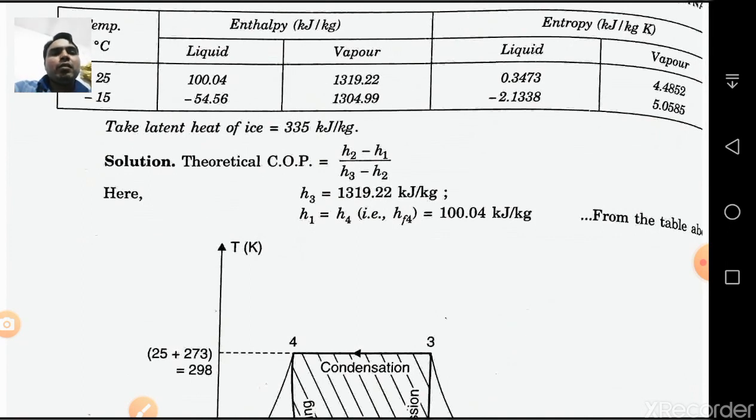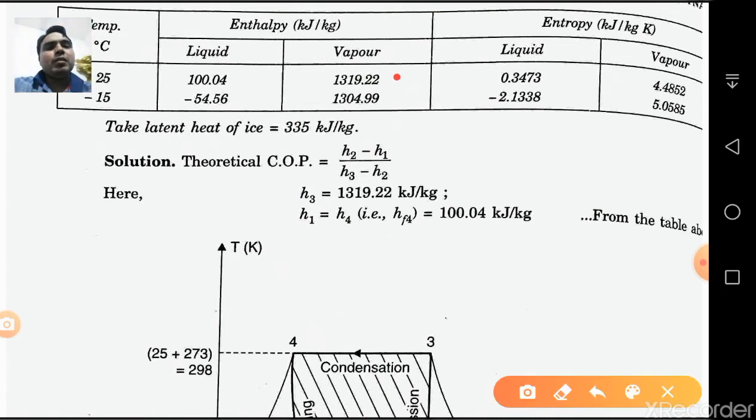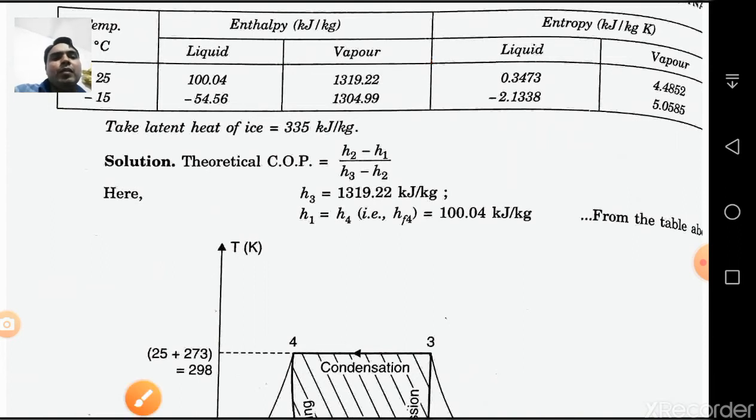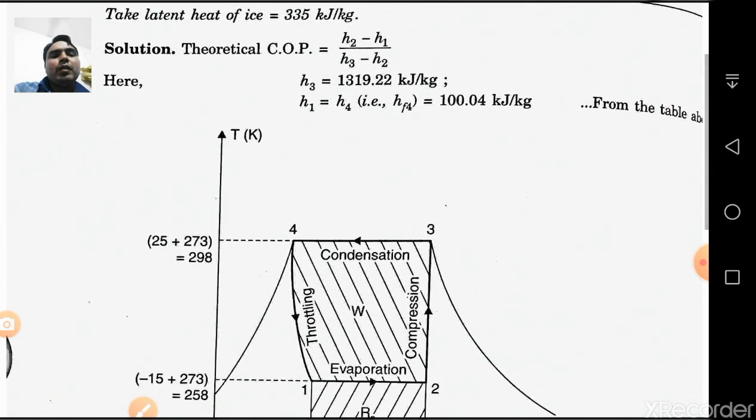At 25 degrees Celsius, point 3 is a vapor, so we choose this enthalpy, it is the H3 value, 1319.22. Okay, and H1 equals HF4.